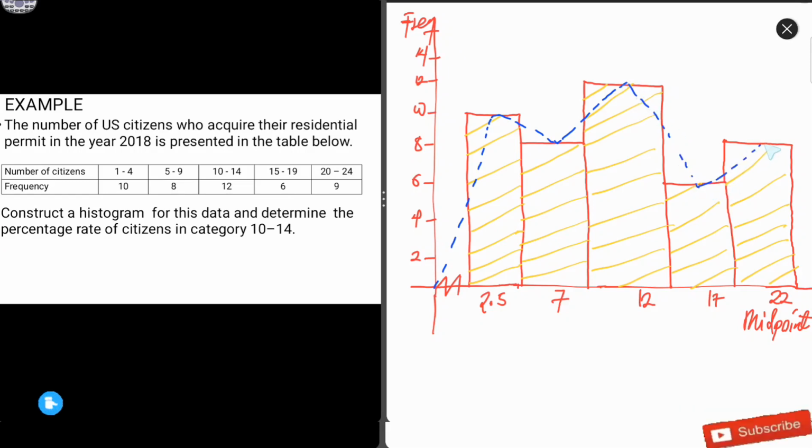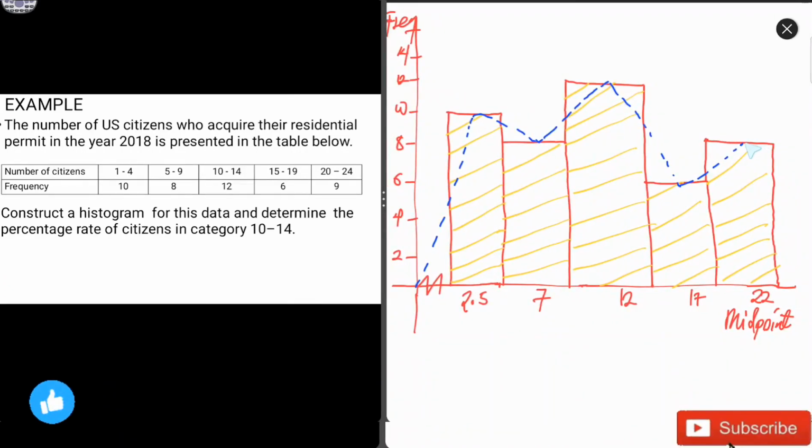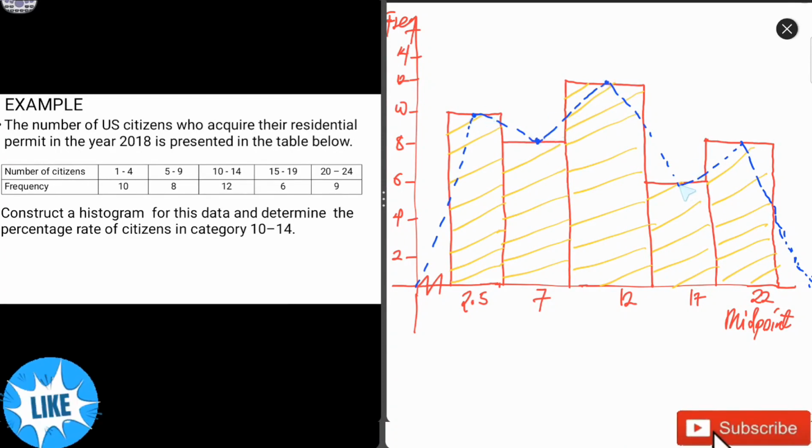So you are just joining the tops in that manner, and then you can bring it to the next frequency, if there is any other frequency, just indicate like that. So the midpoint at each top here changes the diagram from a histogram to a frequency polygon.